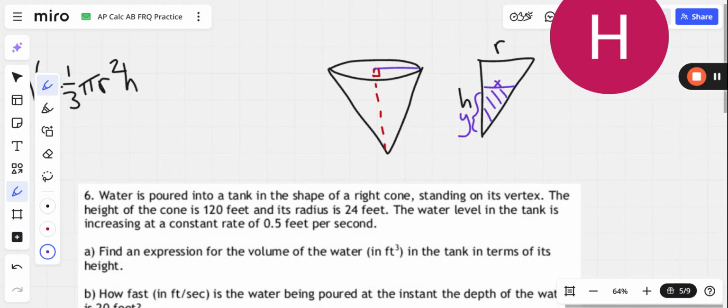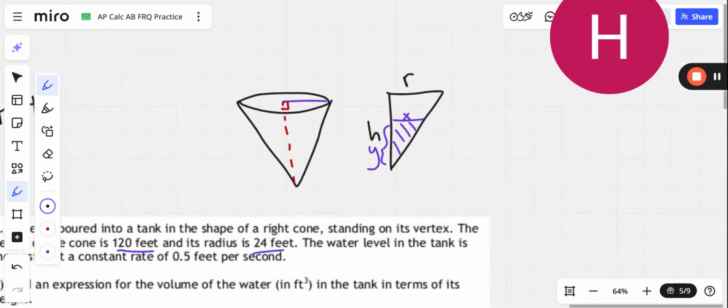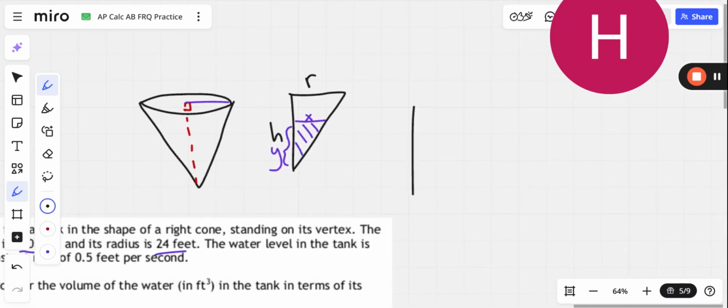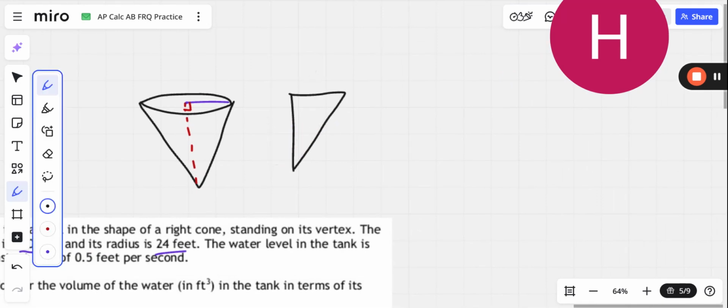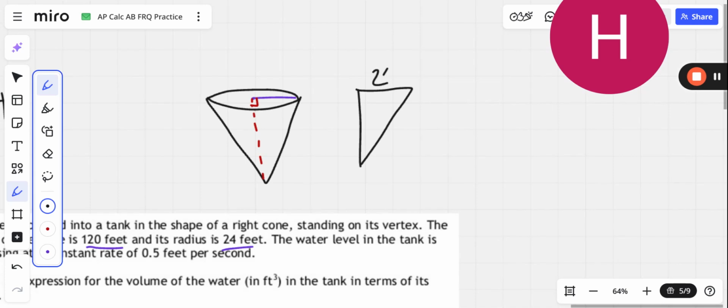So we're given information that will allow us to interpret the proportions of the cone. It says that the height of the cone is 120 feet and its radius is 24 feet. So now we have an answer to the proportion of the cone. I guess I'll just draw it on here. The proportions of the cone are 24 and 120.